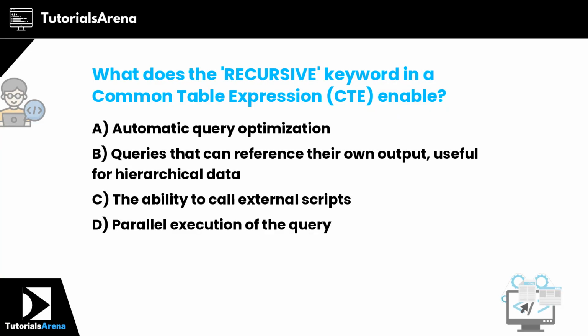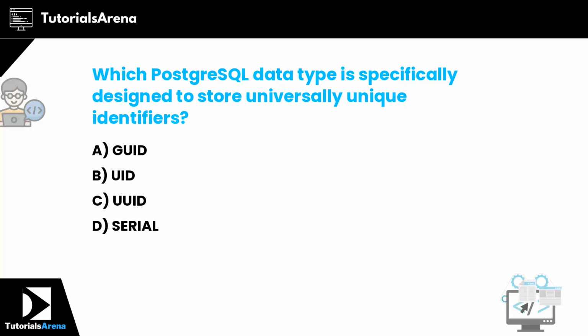What does the recursive keyword in a common table expression, CTE, enable? The correct answer is option B, queries that can reference their own output, useful for hierarchical data. Which PostgreSQL data type is specifically designed to store universally unique identifiers?